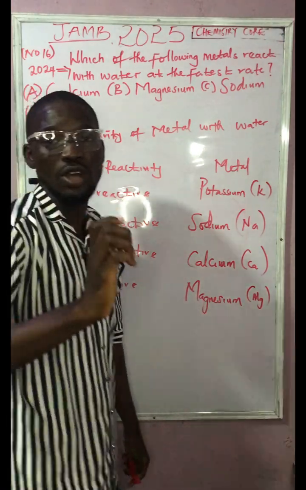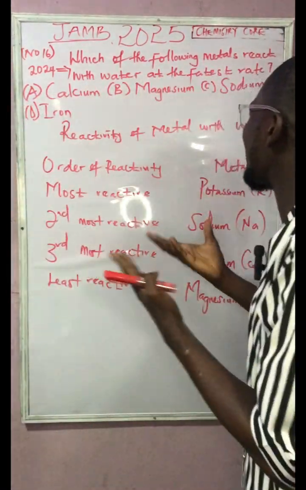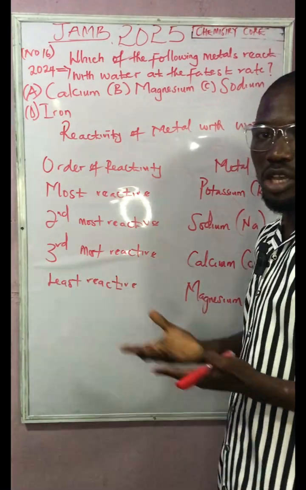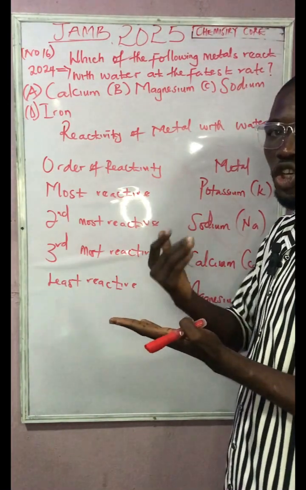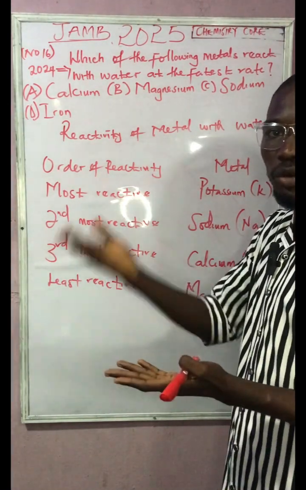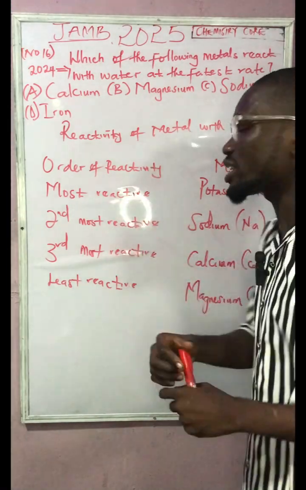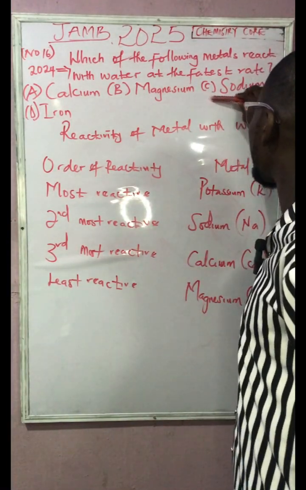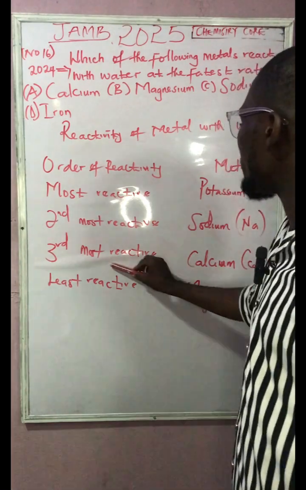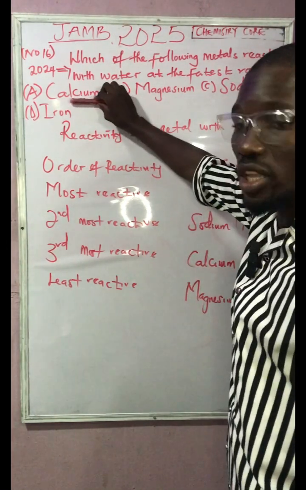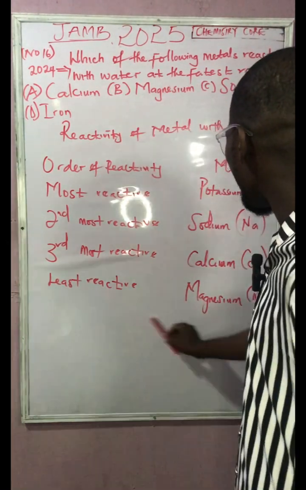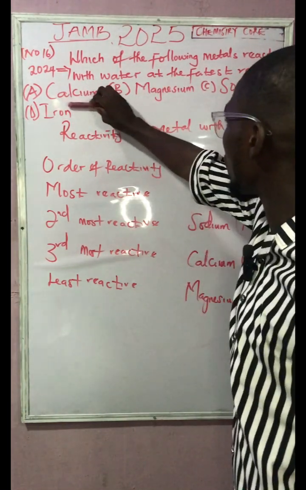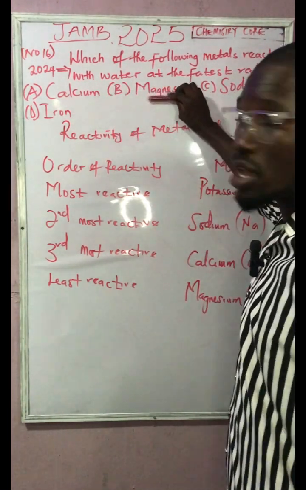And the least reactive is magnesium. One thing you need to know about Jamb is that Jamb gives you options and they play with them. Among the options, there's the most correct, the second most correct, and the third most correct. If you look at this reactivity of metals, sodium is the answer, the third most reactive is calcium, while the least reactive is magnesium.